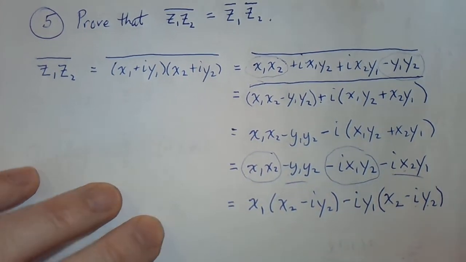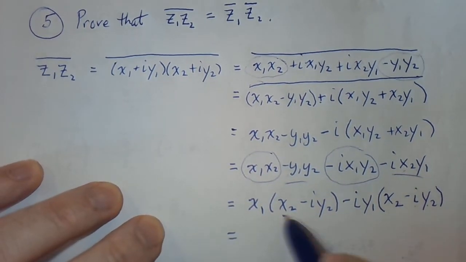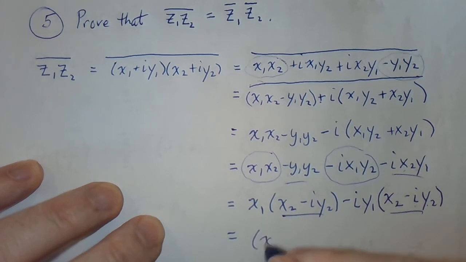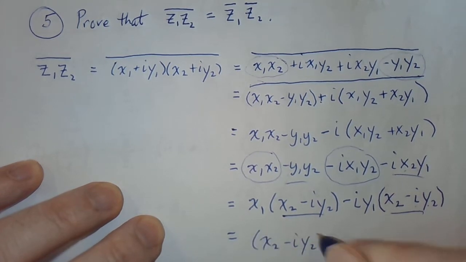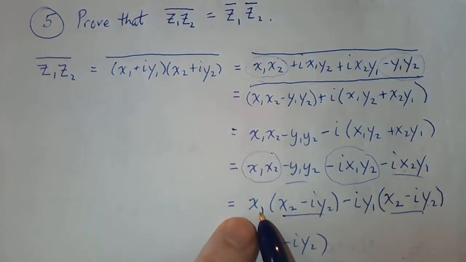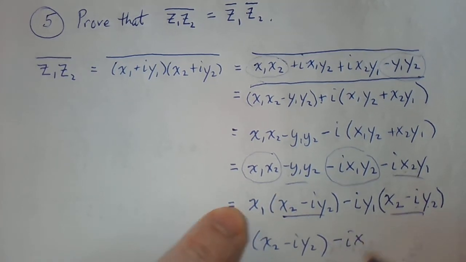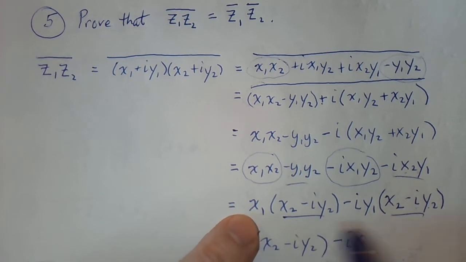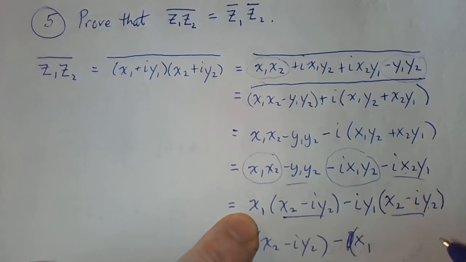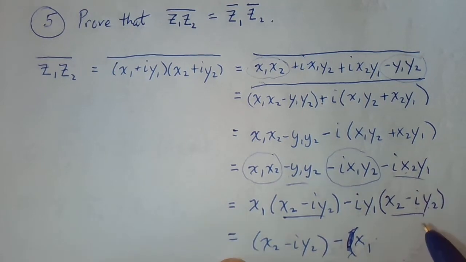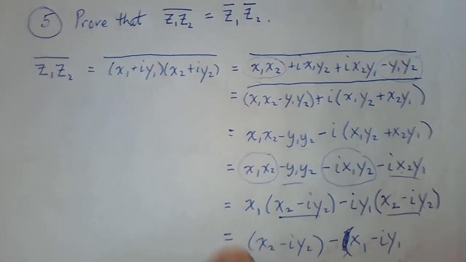Pull out this common factor, x2 minus i y2 times x1 minus i y1. Sorry about that. I'm factoring out, so yes, minus i y1.